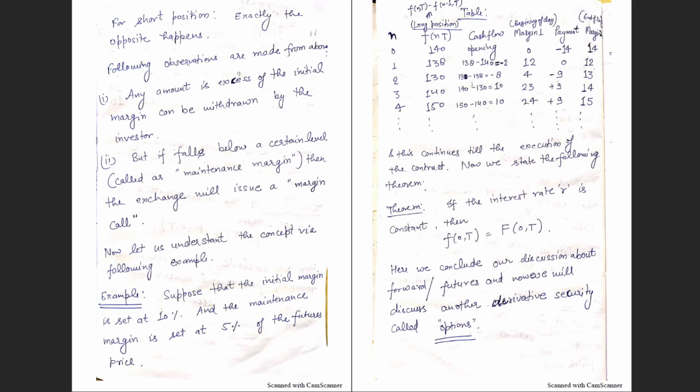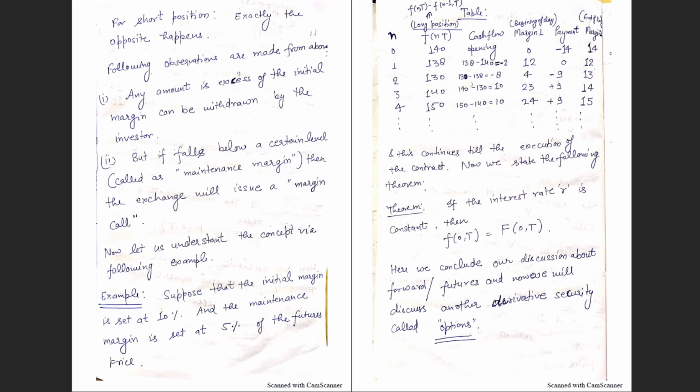The minimum deposit is always with the exchange, and neither party can default. If one defaults, the other party will be paid by that initial margin deposited with the exchange. You can understand it via another example in the book, and from other sources also. If you feel any difficulty, you can contact me.